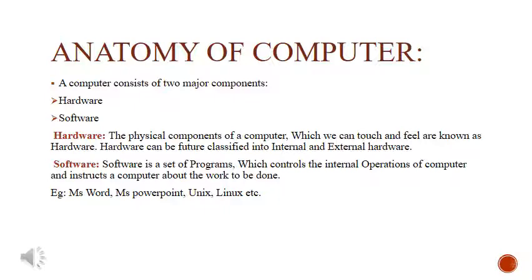What is meant by software? Software is a set of programs which controls the internal operations of computers and instructs a computer about the work to be done. Examples of software are MS Word, PowerPoint, Unix, Linux.